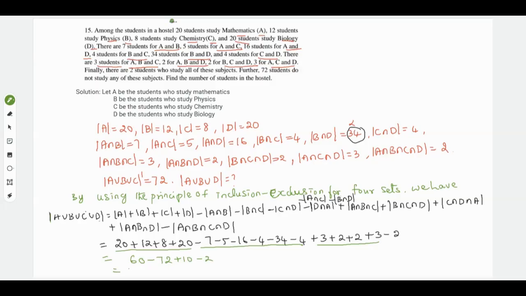So it will be 70 minus 74. It will be minus 4, which is not possible. Therefore, the statement given in the problem is wrong. So this is the method how you will solve if they give you this type of question.